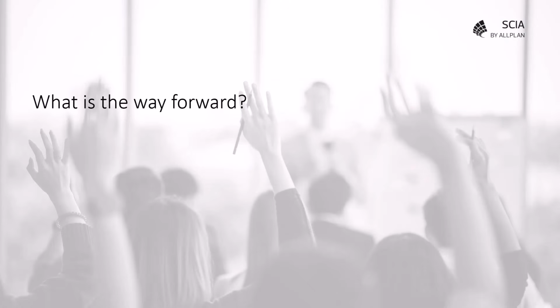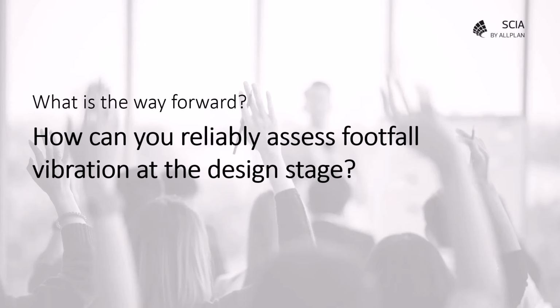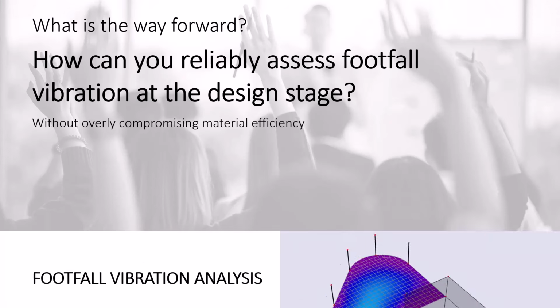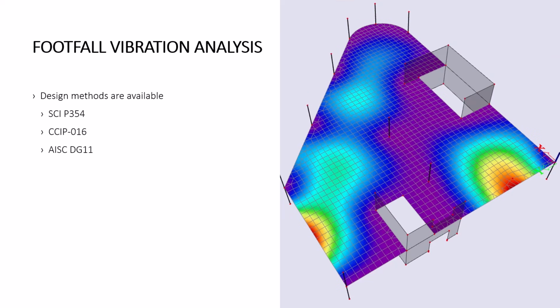So, what is the way forward? How can you reliably assess footfall vibration at the design stage without overly compromising material efficiency? Guidance is already available. The three main design methods are outlined in SCI P354, CCI P016, and AISC Design Guide 11.